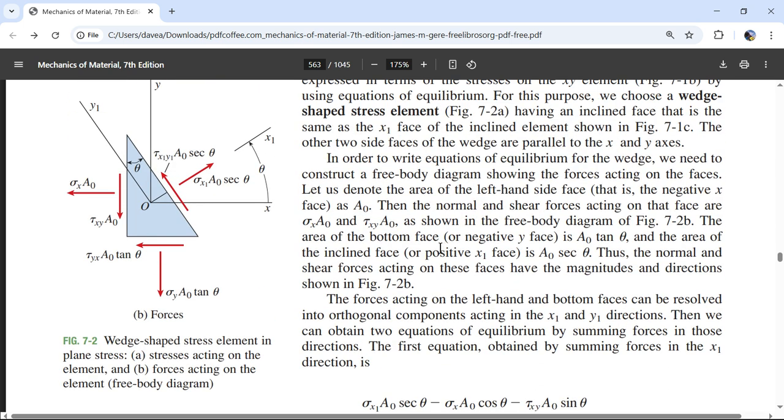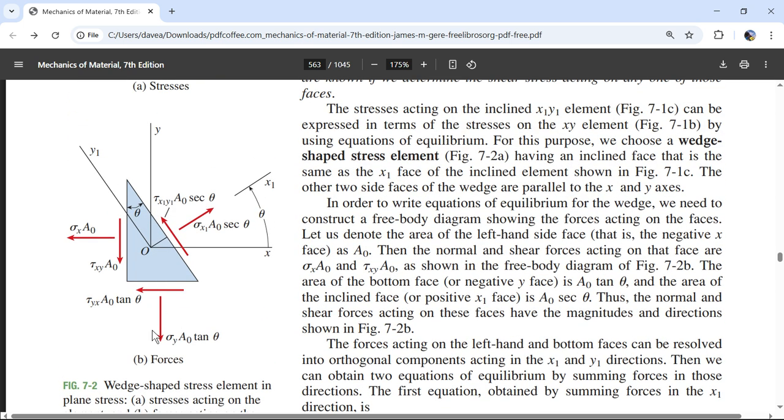So now we're going to come down here and figure out what component of this is in this y1 direction. So how should we do this? I'm going to take this up to this triangle and say this is the angle.